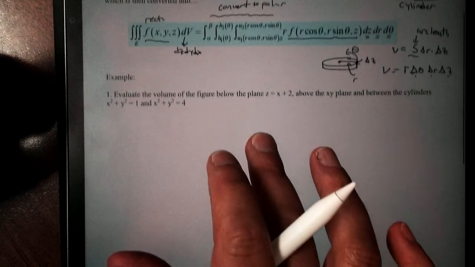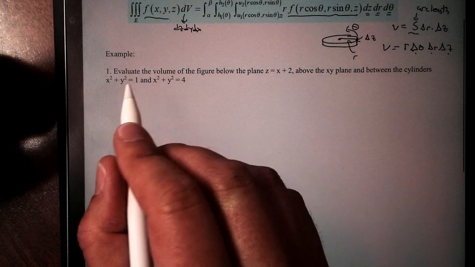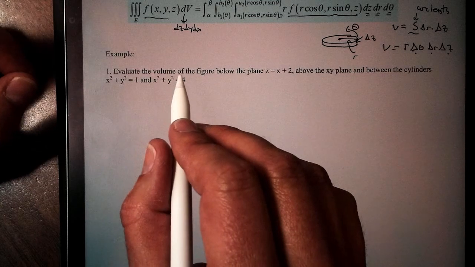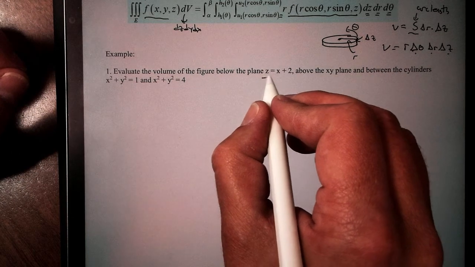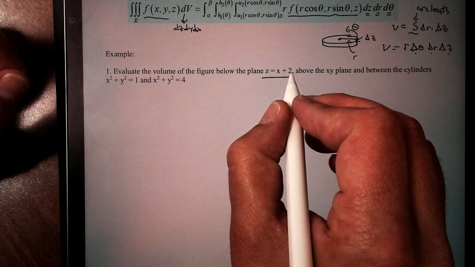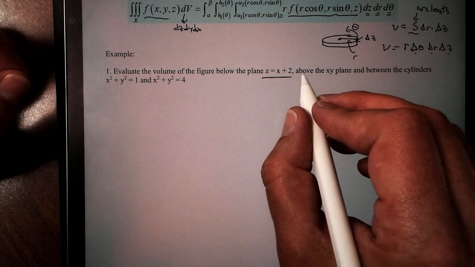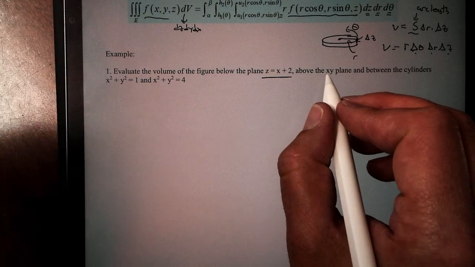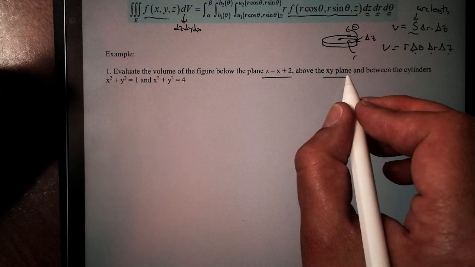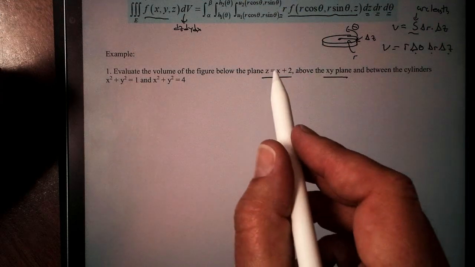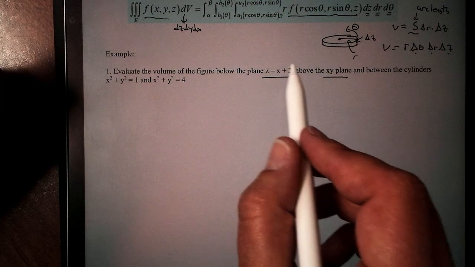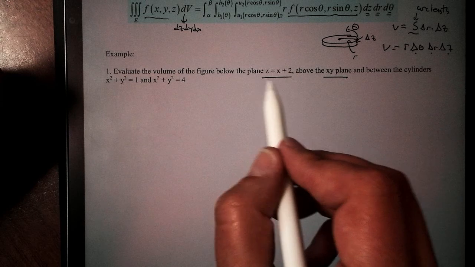So let's take a look at some examples. We want to evaluate the volume of the figure below the plane z equals x plus 2 and above the xy plane. So we're looking at only above the xy plane, but below our plane right here.